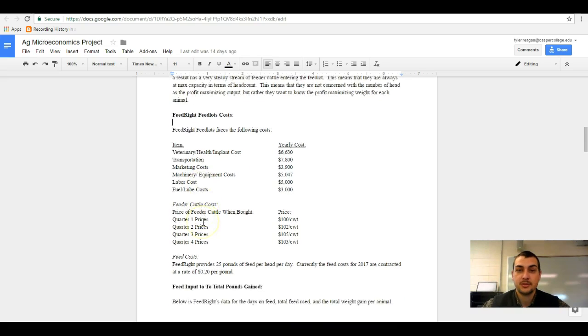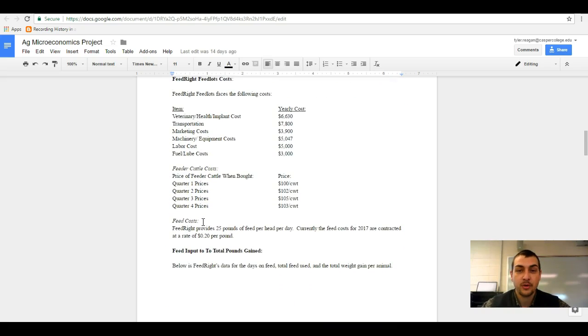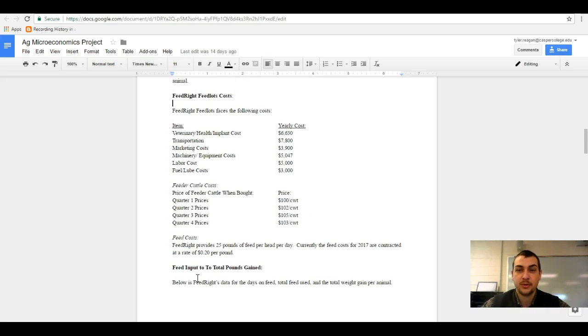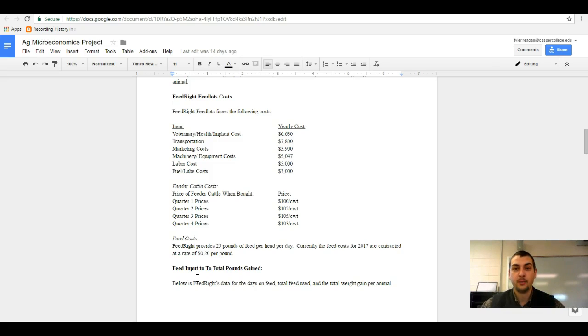Take these numbers, find those total costs, and start working across the schedule, so that by the end you will have a full-fledged, pretty robust table.